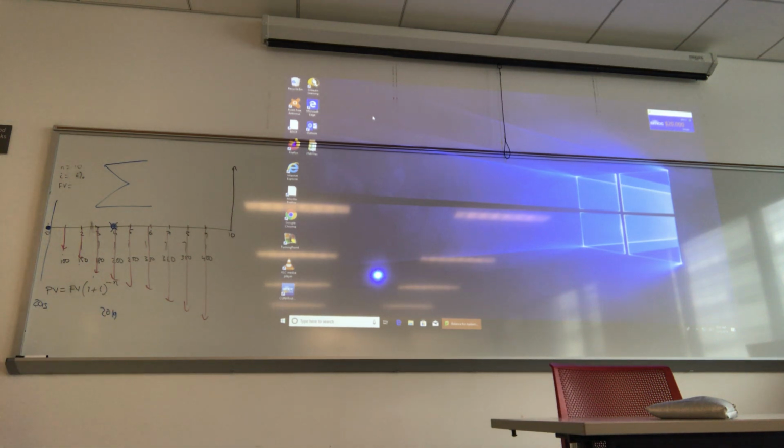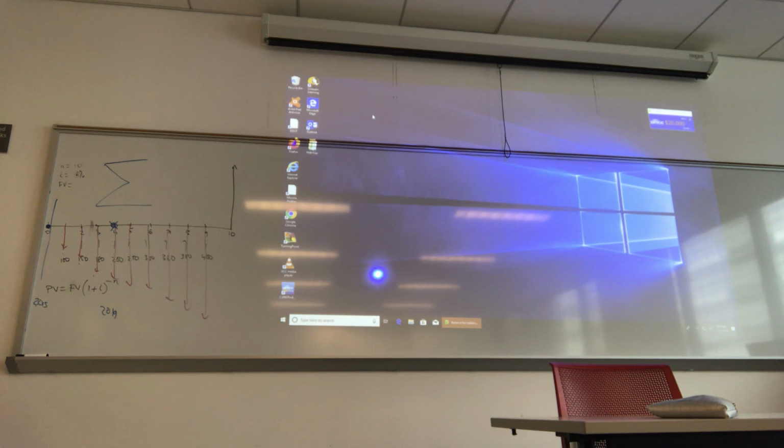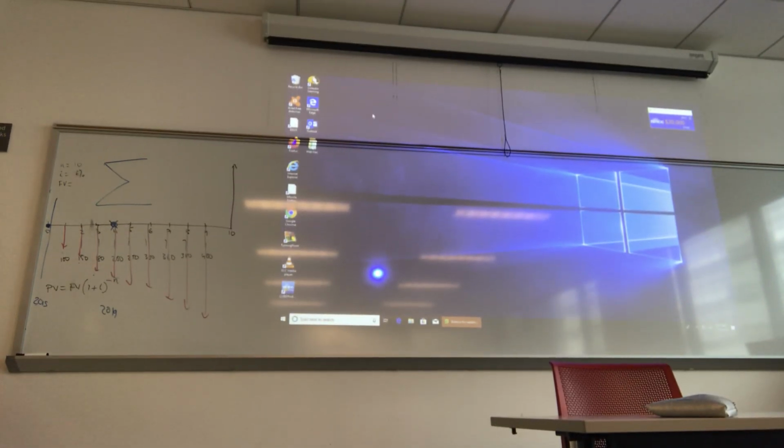Is it going to be the same or not? Can you tell me what that value would be at 2019? Can you do it? Tell me how you would evaluate the value of these flows, not in 2015, but in 2019.